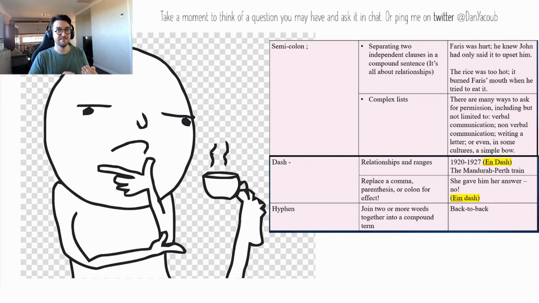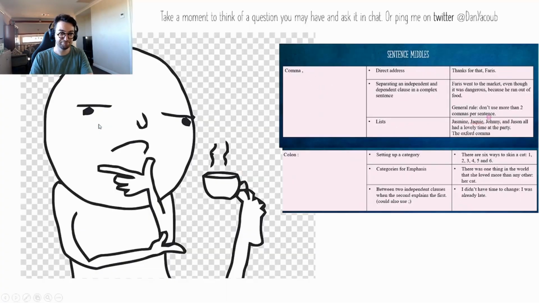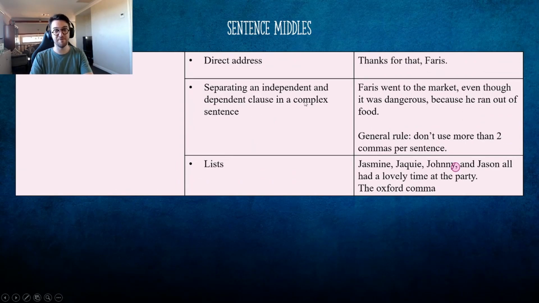And certainly if you were to use a semicolon in place of a comma, so if we go back to here, for example, and I said, thanks for that, semicolon, Faris, that's completely incorrect. Faris went to the market, semicolon, even though it was dangerous, semicolon, because he ran out of food. That would be very incorrect, because you're putting semicolons in front of dependent clauses, and semicolons aren't for that.